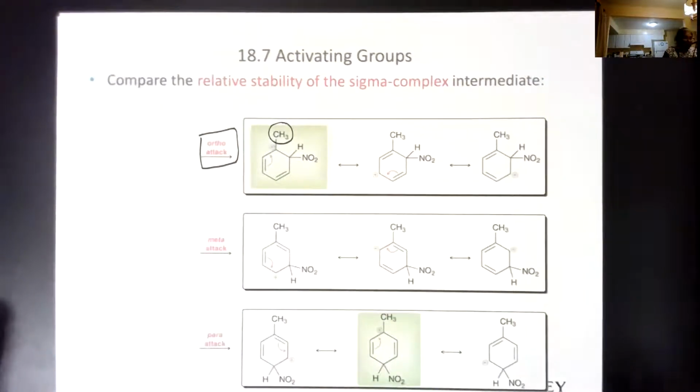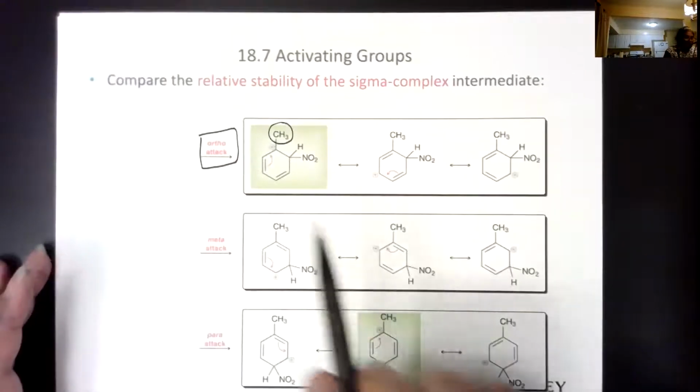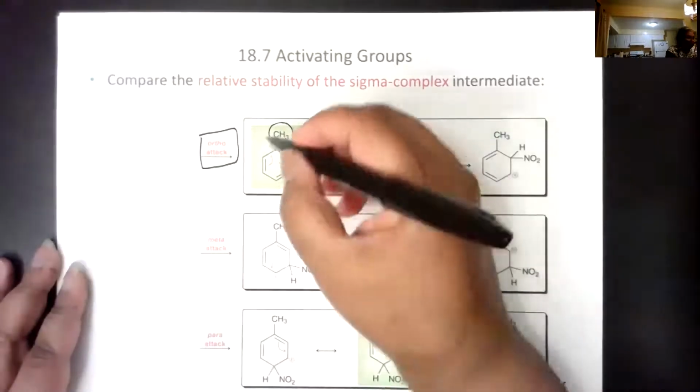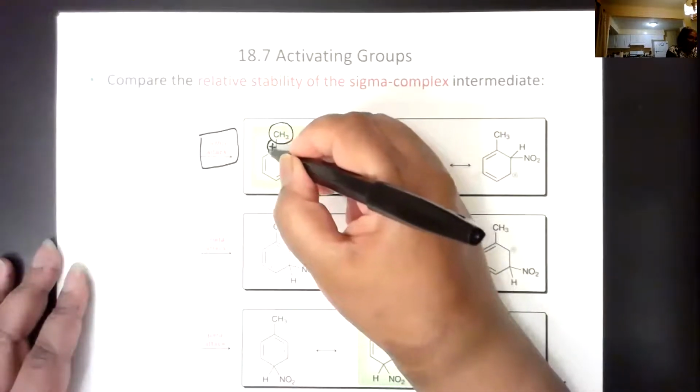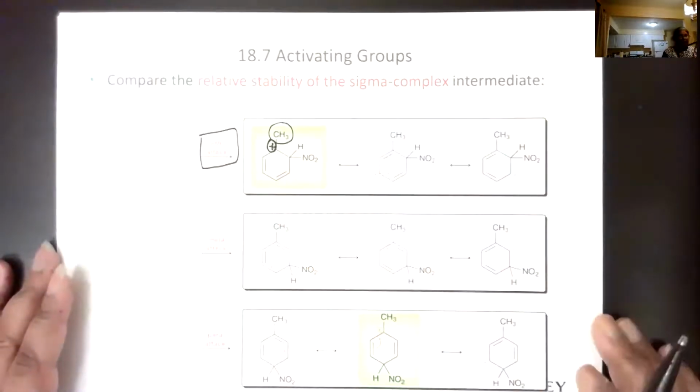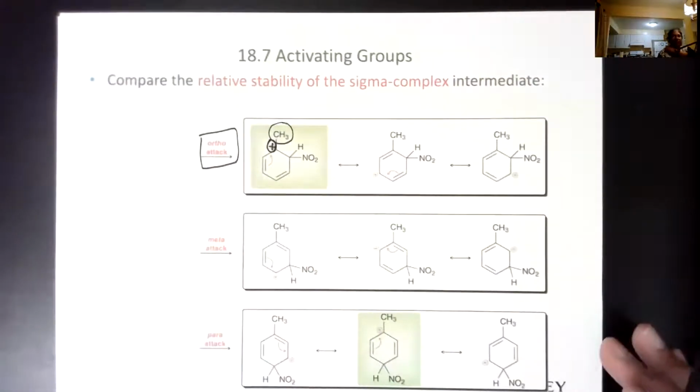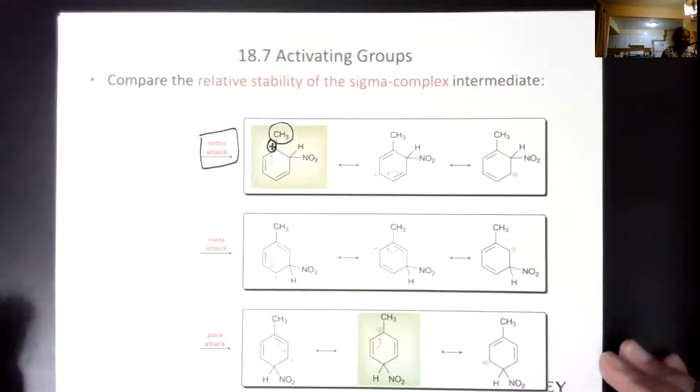The resonance structures that are drawn, there are three of them, but you see the one that has a positive charge adjacent to the carbon of the activating group.